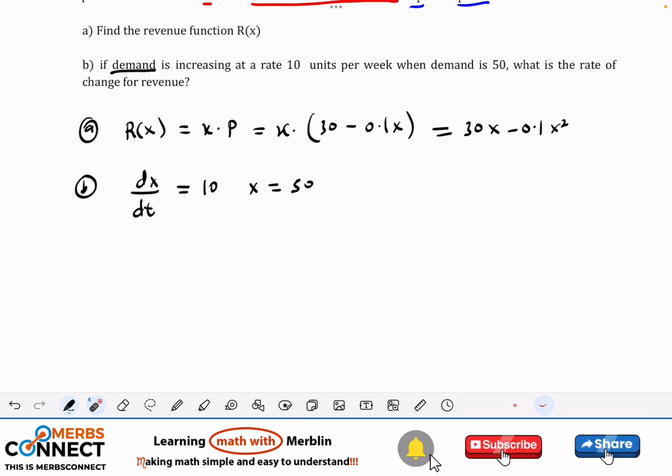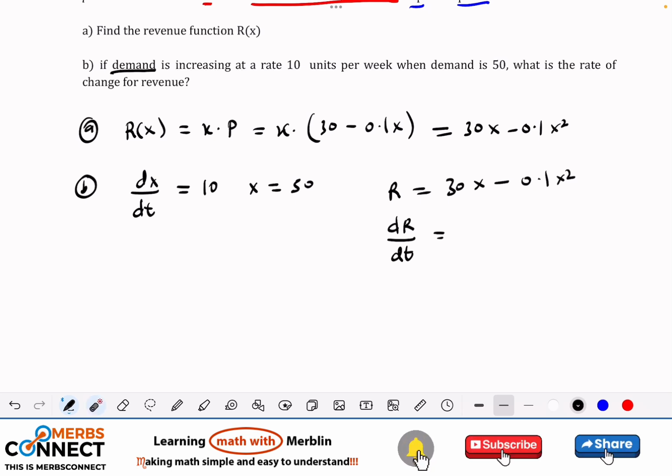So what will be the change in revenue? This is revenue. We saw that revenue is equal to 30x minus 0.1x squared, right? So this is what you are going to differentiate. The change in revenue means that we need to differentiate R with respect to t.